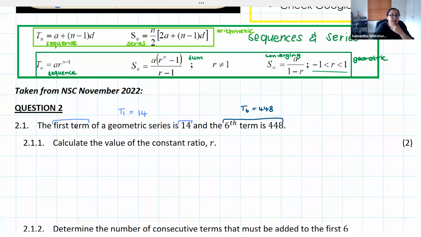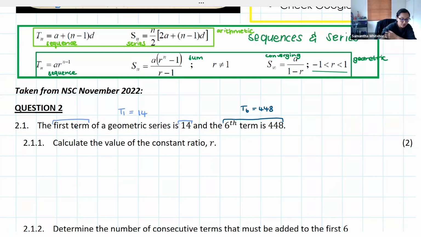Now, please remember that when it comes to maths, we don't give you useless information. If I'm giving you these two pieces of information, it's because both of them are useful to you. So let's think about why they are useful and which one we can use in which circumstance.